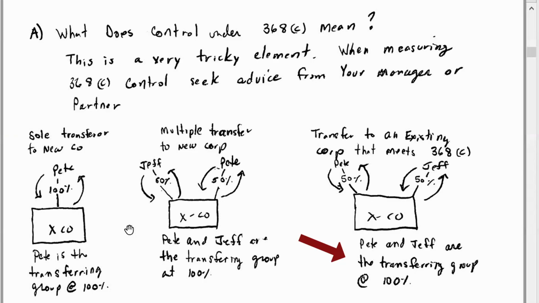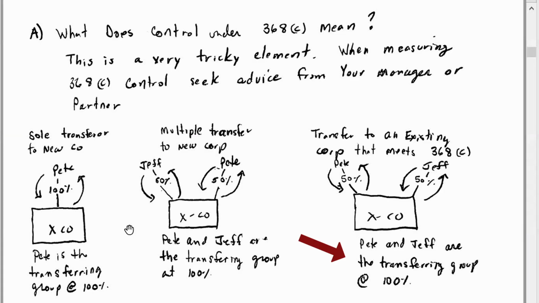I have a question. On the third one, how can you transfer 100% in if it's already existing? Well, you measure the transferring group. Who made a transfer to the corporation, Jameson? Pete. Transferring group. How much does Pete own, as a percentage? 50%.